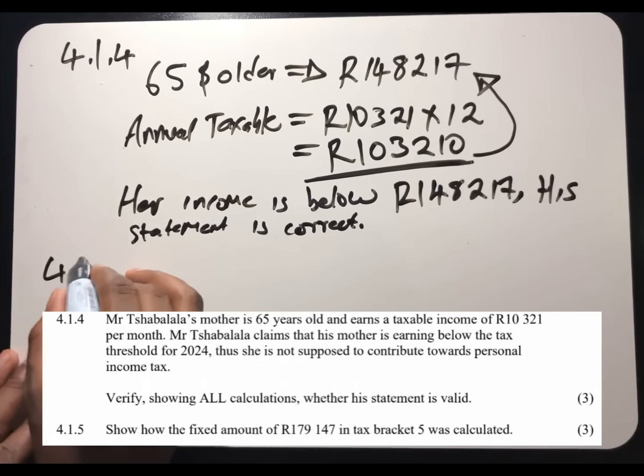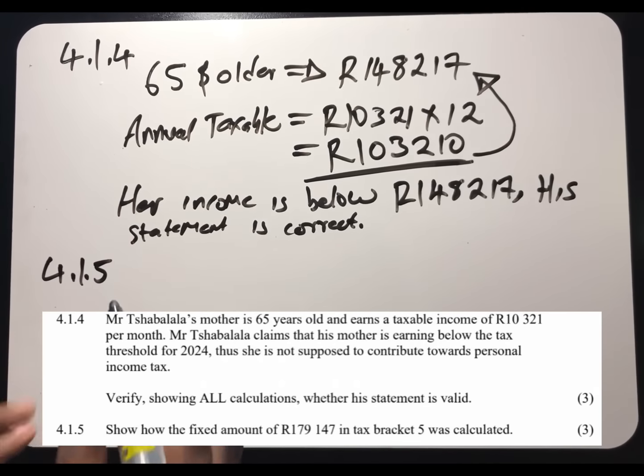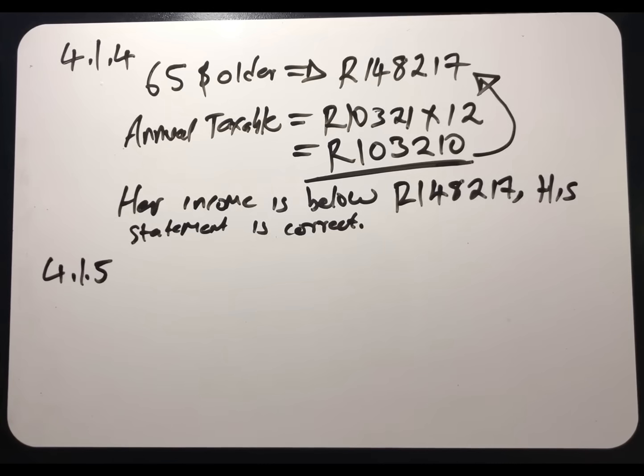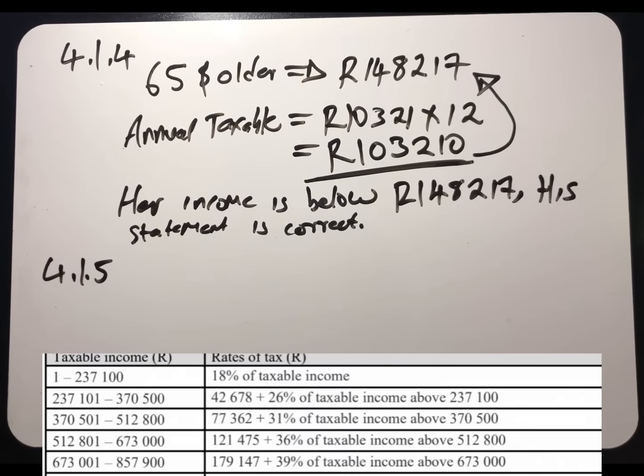The next question, 4.1.5. Show how the fixed amount of 179,147 in tax bracket number 5 was calculated. So now they want us to prove how this amount was calculated. Tax bracket number 5 is very simple.